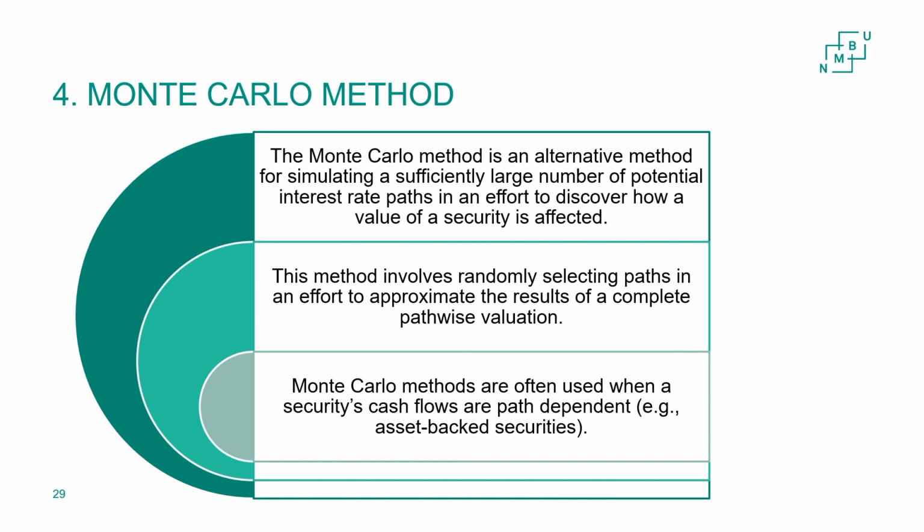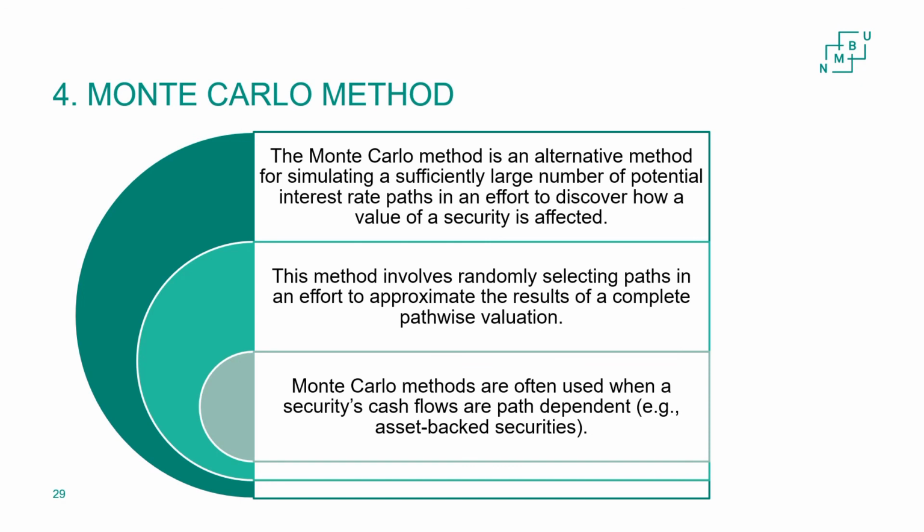However, what do you do if the price of your asset is path dependent, but you're not able to count the possible paths? Remember that in our interest rate tree, we have two possible outcomes. We have an up move or a down move.